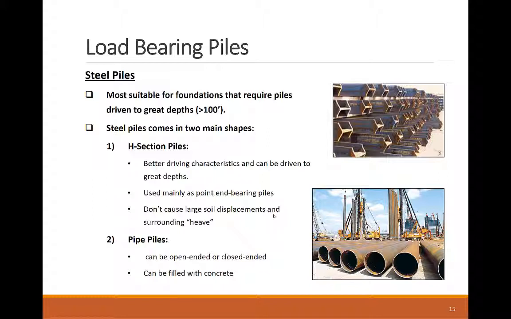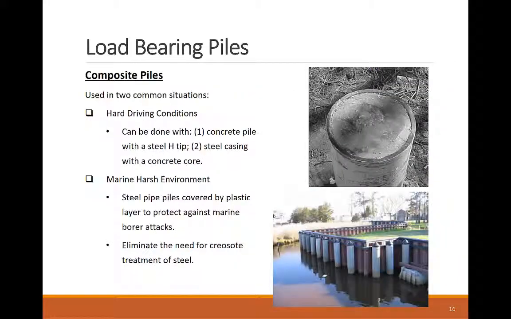Steel pipe piles can be open or closed ended, and can be filled with concrete to create composite piles. Composite piles combine the benefits of using steel and concrete while still enjoying easy constructability in most cases. In hard soils, the piles can be constructed as precast concrete piles with a steel H-tip or a steel tube filled with concrete.